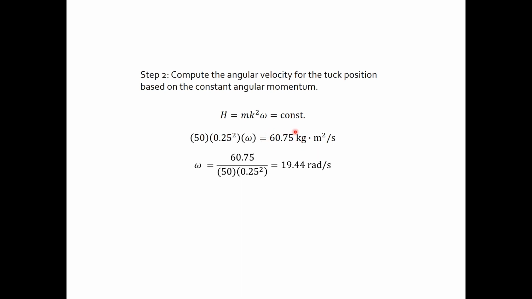And then you can simply divide this value by 50 times 0.25 squared, which will give you 19.44 radians per second. Again, this is faster than the previous angular velocity because she reduced her radius of gyration, which eventually decreased the moment of inertia. That's why she got a faster angular velocity at the tuck position.